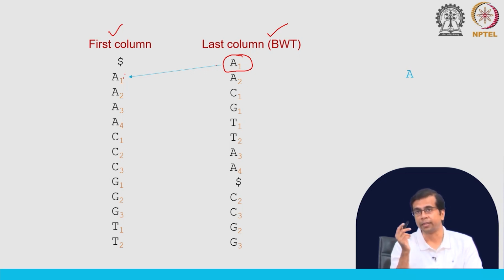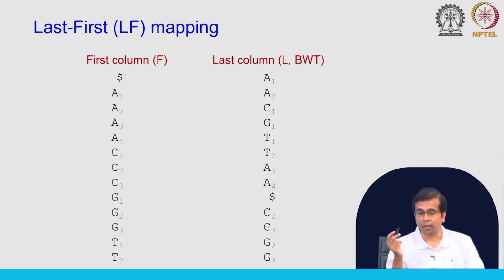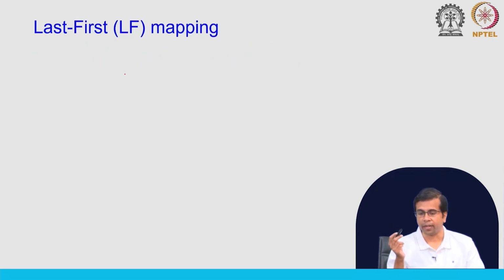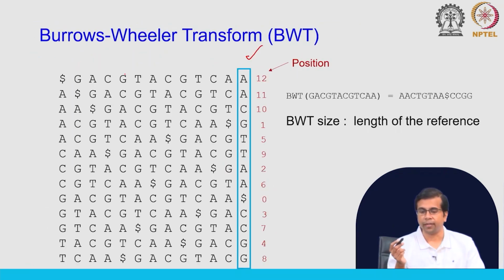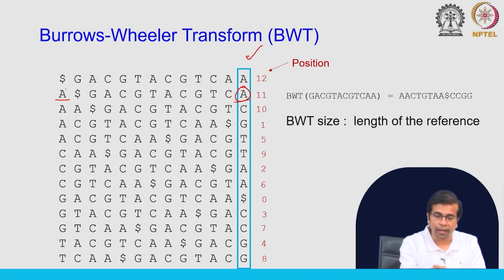So, we are bringing these letters around, maybe you can have a look at the matrix, and that will make things clear. When we are doing the string rotation, if you look at this string, this is the letter that is before this A. This A is before this A here in the reference sequence.